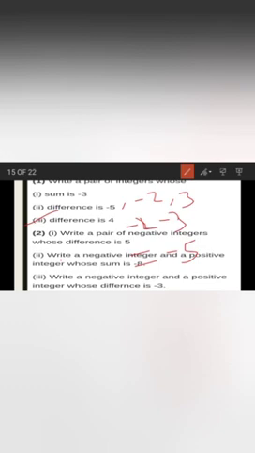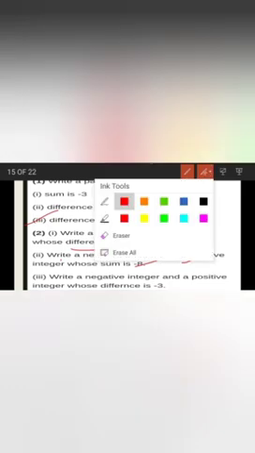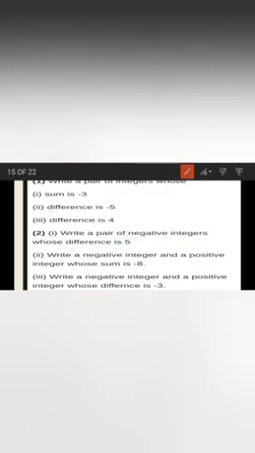Now the second question: write a pair of negative integers whose difference is 5. So we have to write a pair of negative integers whose difference is 5. Here you can take minus 8 and minus 13.